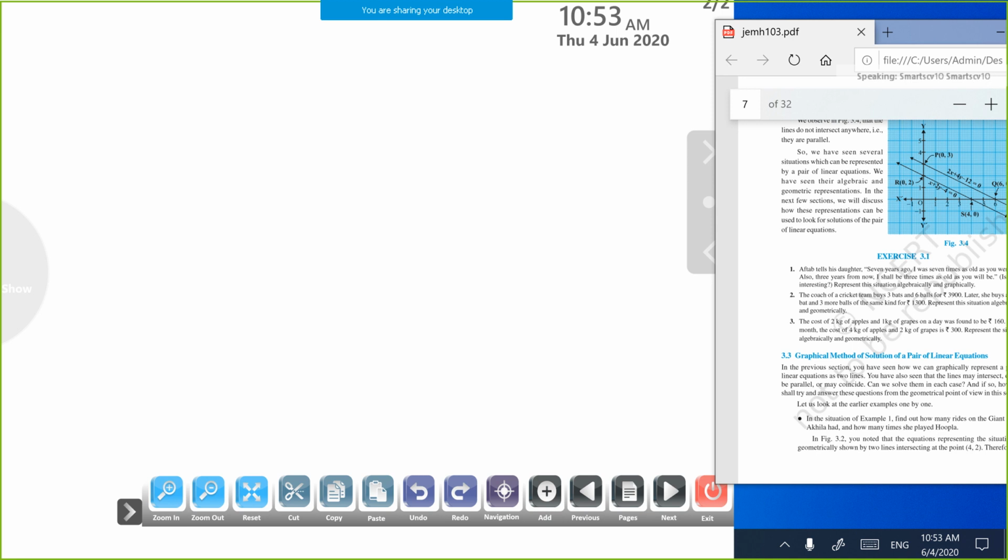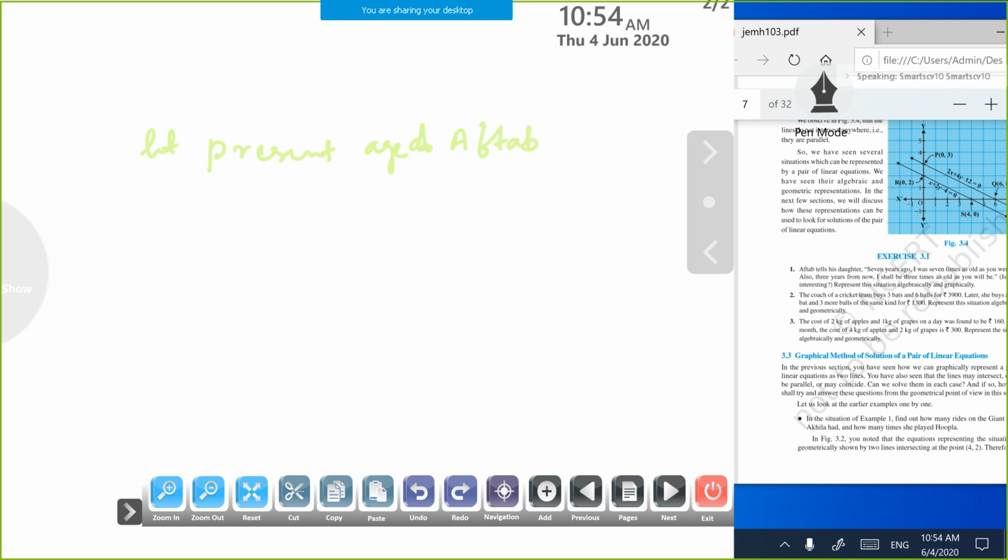Let the present age of the father, that is Aftab, be x years, and the present age of his daughter be y years.